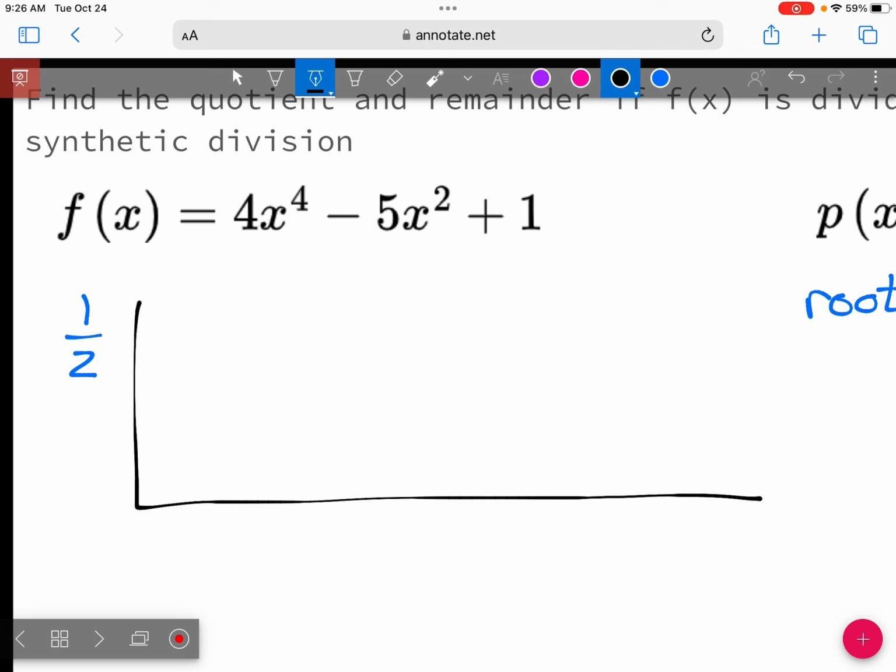What are my coefficients going across? First term always drops, so our 4 is here.